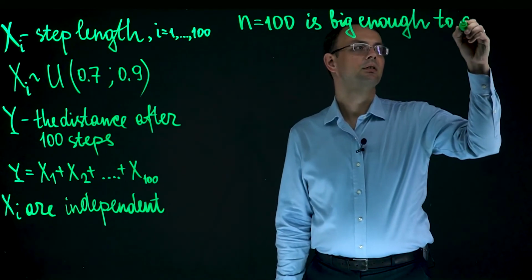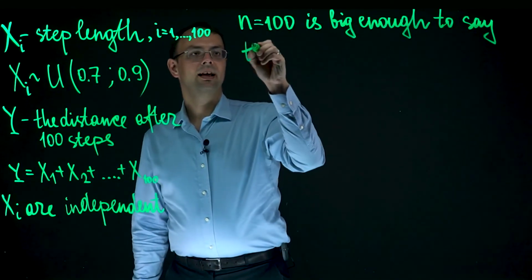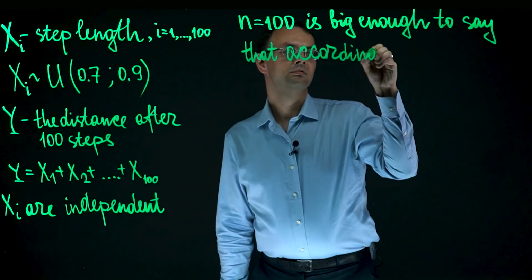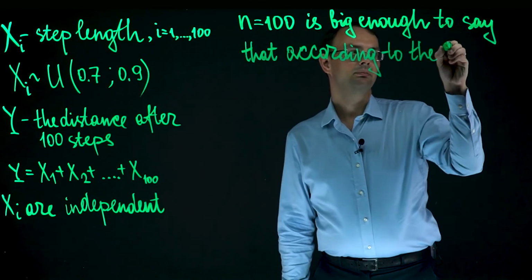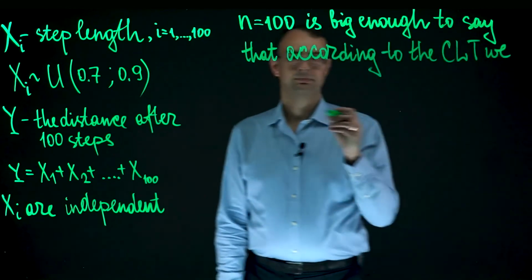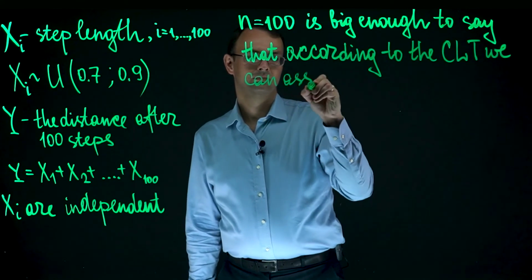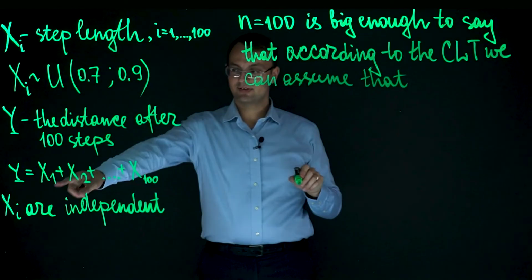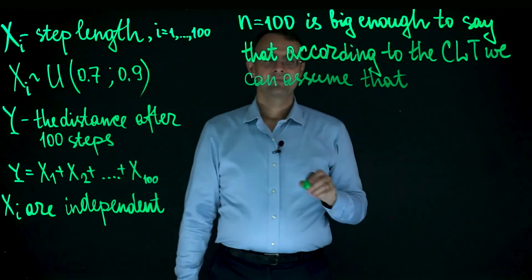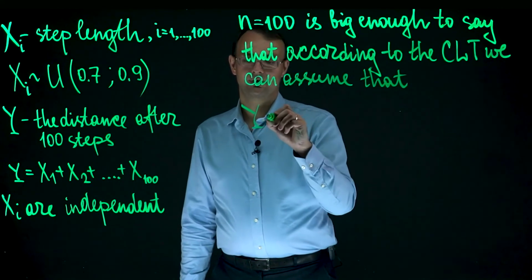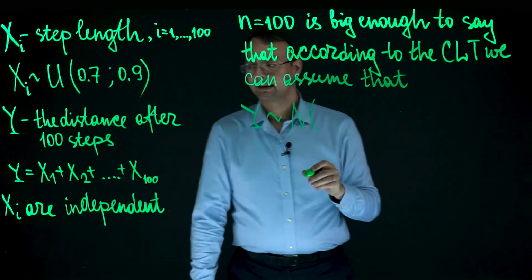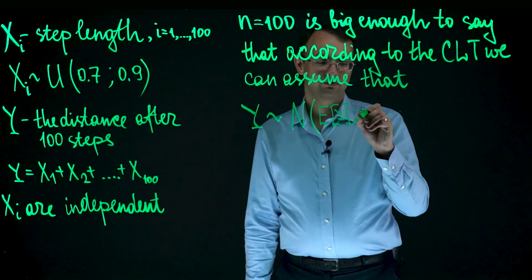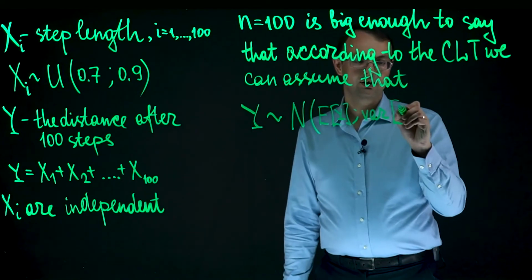So according to the central limit theorem, we can assume that the sum of our x's, y, is normally distributed, with parameters E of y and variance of y that are yet to be found.